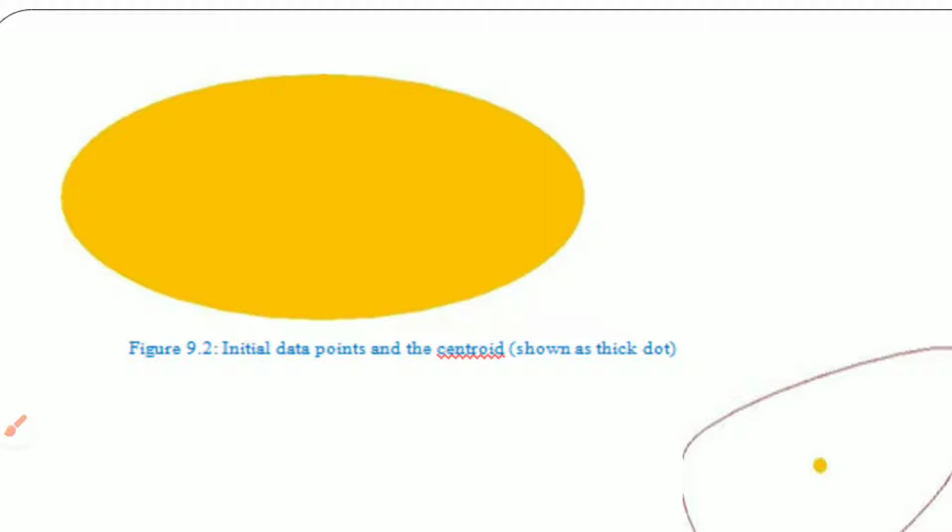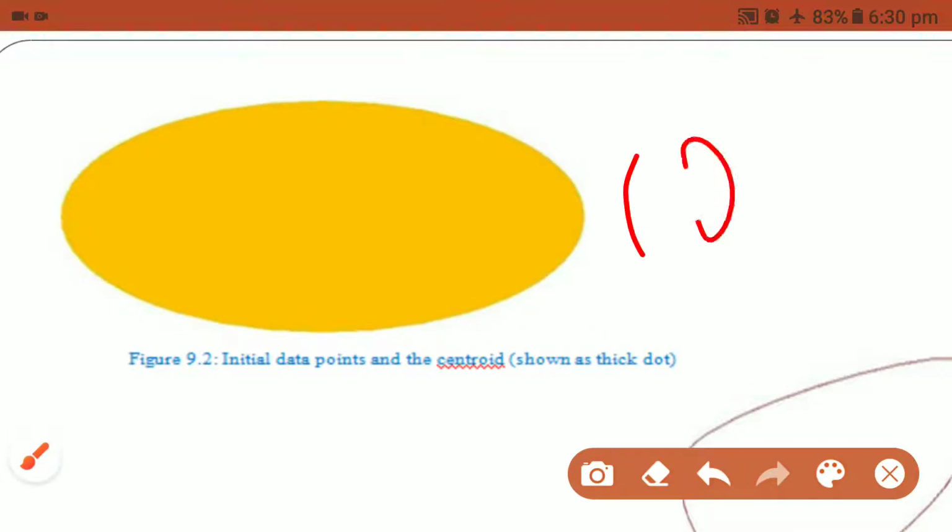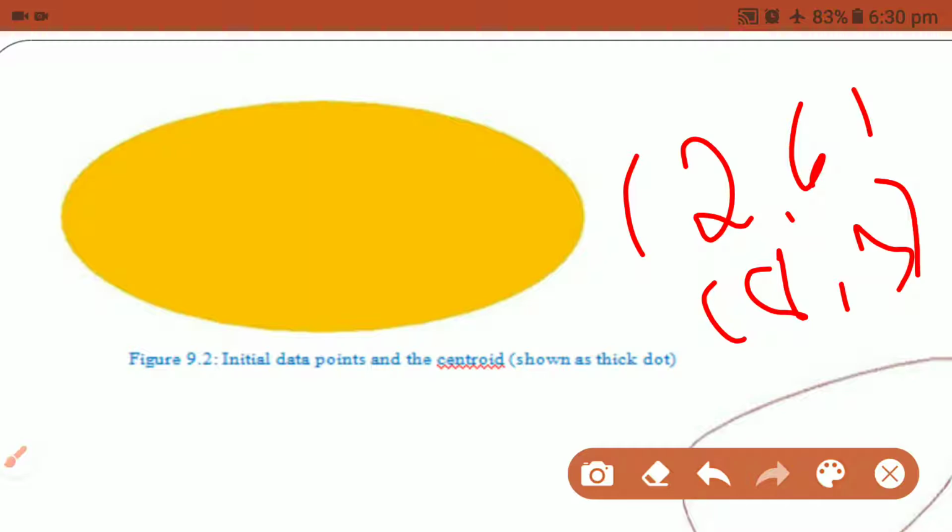Just refer to the previous data. In that previous data, he is using the points 2, 6 and 8, 3. So he is using two values, x and y. The data could be broken into two clusters.